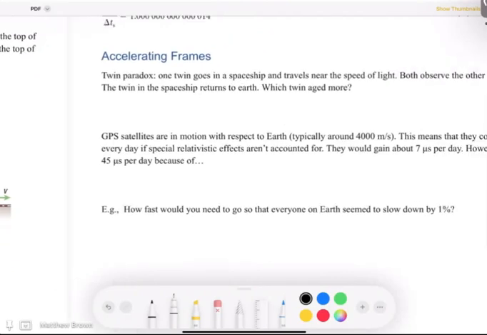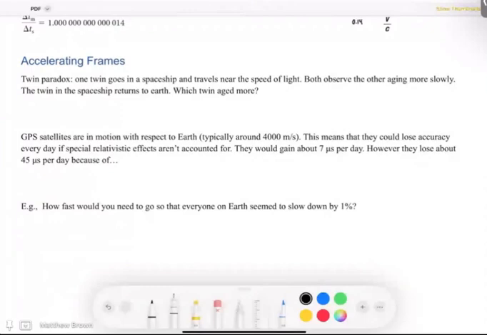And one of the things that comes out of this is the twin paradox, right? The idea here is you've got twins, and one of them goes in a spaceship and travels near the speed of light. The other one stays here on Earth, just ages naturally. And then the person in the spaceship returns to Earth. Which one has aged more?